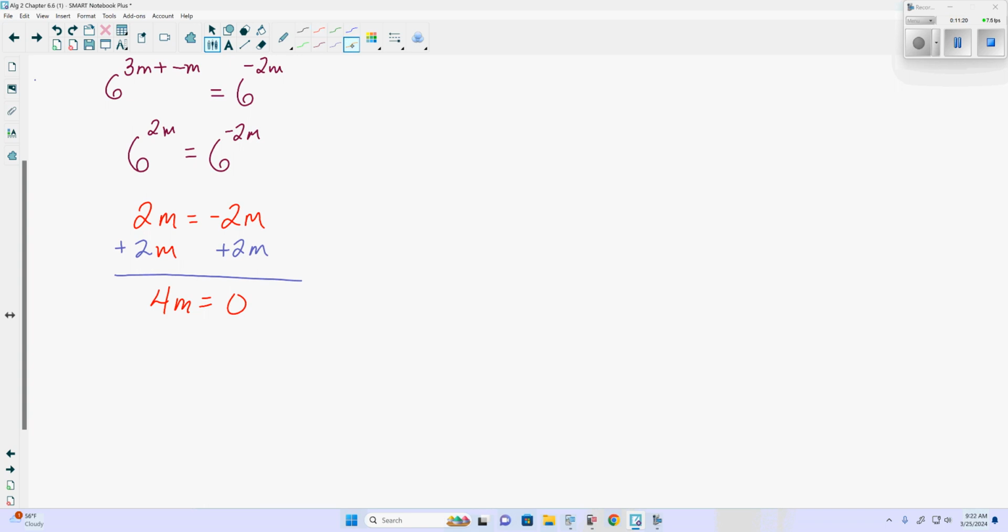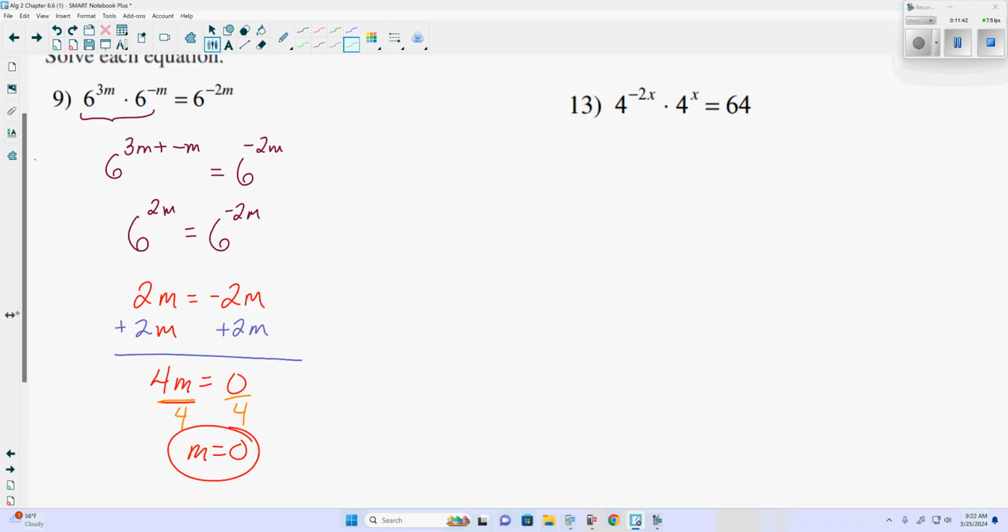Or if we divide both sides by 4, m is equal to 0. Both ways work. Questions on this here?